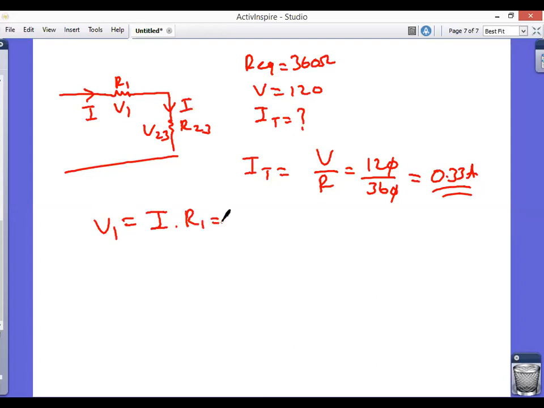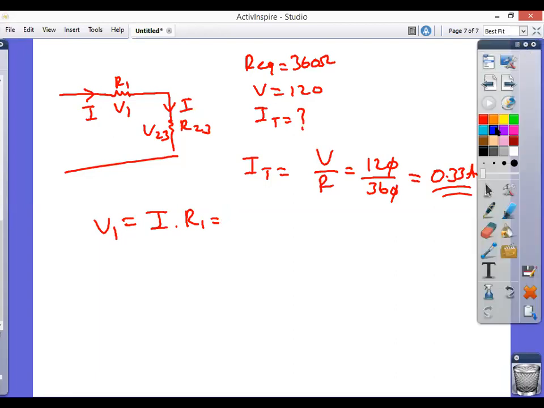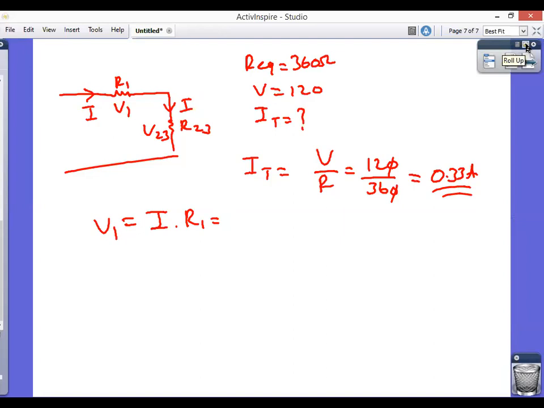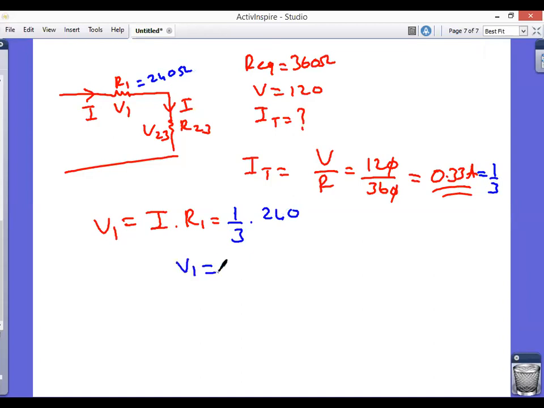So I times R1 will give us the voltage on resistor 1. The current we found, 0.33, equals 1 over 3. So 1 over 3 times, what is R1? 240. Then you're going to find V1 as 80 volt. So V1 is 80 volt.